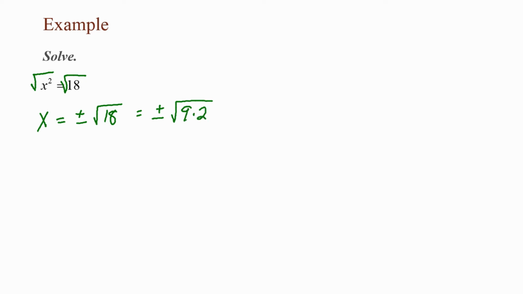I can simplify part of 18, but 18 itself is not a perfect square. So I bring over my plus or minus, the square root of 9 is 3, and then I bring over what I can't take the square root of, which is 2. So my final answer is 3 square root of 2, or negative 3 square root of 2.